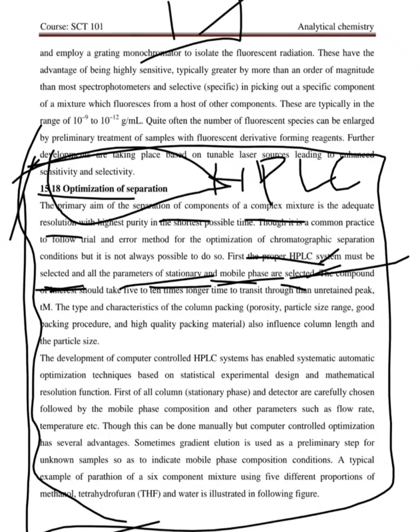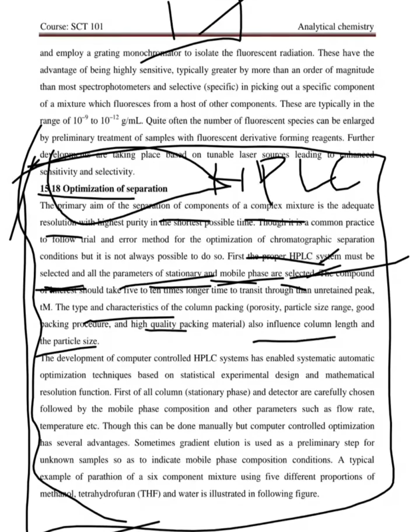Ion exchange chromatography and different chromatographic techniques are used for different purposes. The type and characteristics of column packing also matter: the porous particle size, good packing procedure, and high quality packing materials also influence the column length and the particle size.